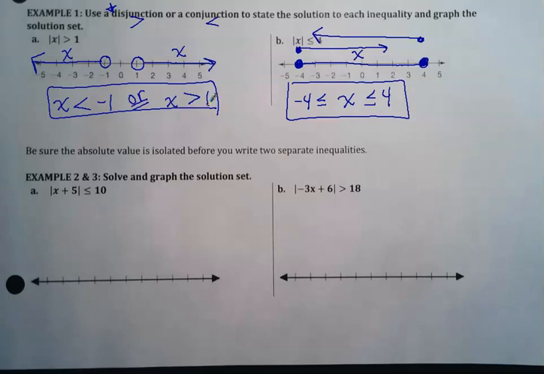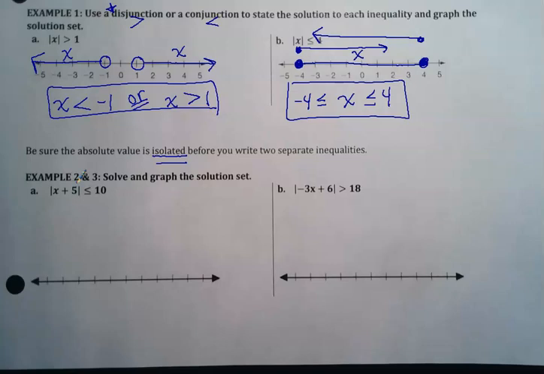Be sure the absolute value is isolated before you write two separate inequalities. This is example 2 and 3, but if you look at the A there, which would be number 2, we have x plus 5 in the absolute value. The way that we have to do this is we have to separate it out into 2.